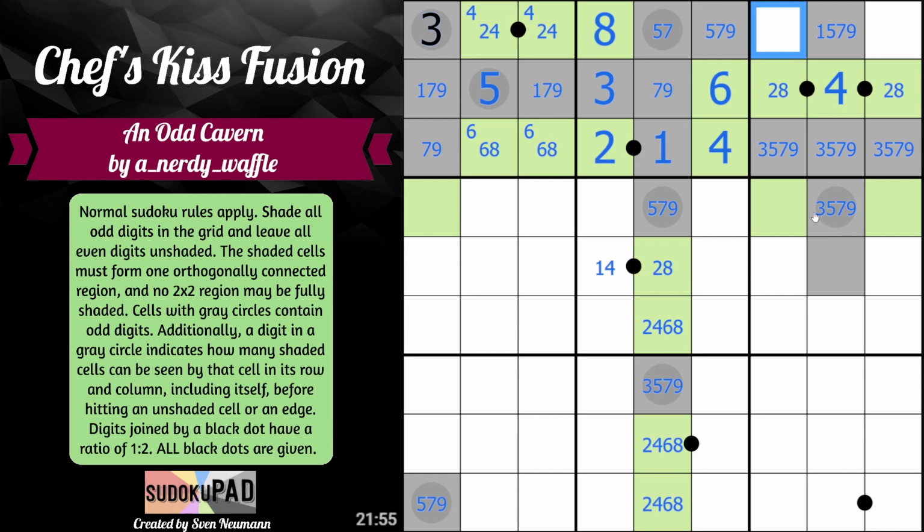We definitely have 6 here, so we can do that. Not that that gives us much right now, but maybe later on in the puzzle we'll get something. Make sure I'm not missing any negative constraints. I don't think I am.